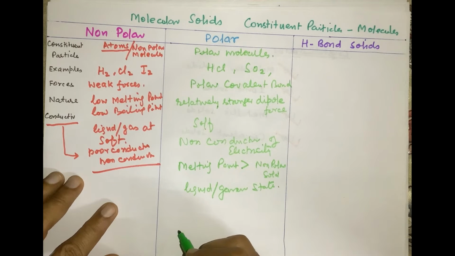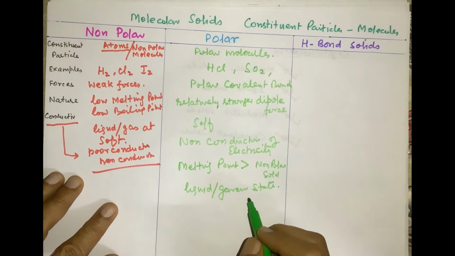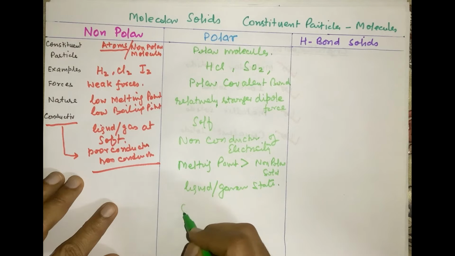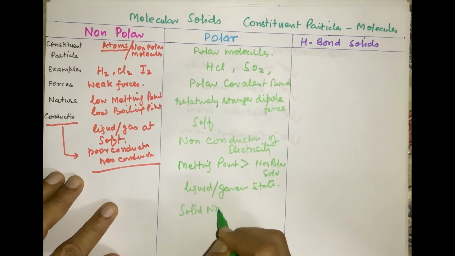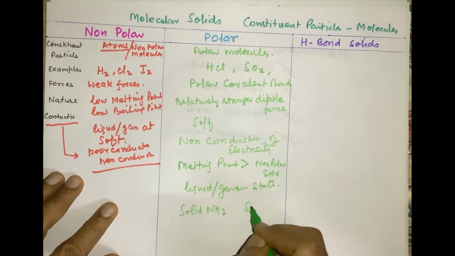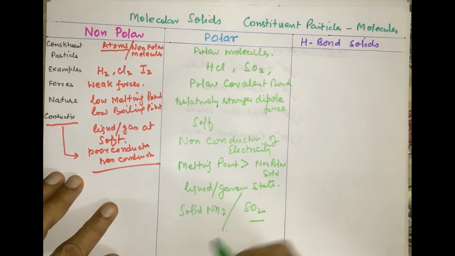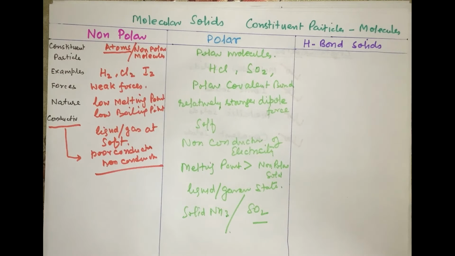At room temperature and pressure, they are mostly in liquid and gaseous state. And examples are solid ammonia or solid SO2. These are the examples of polar solids.